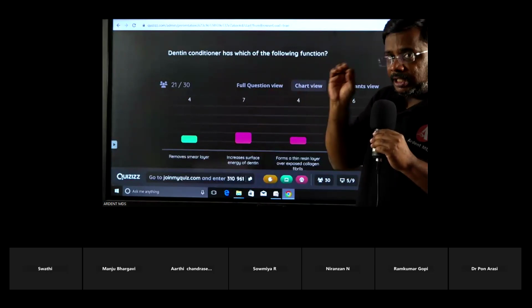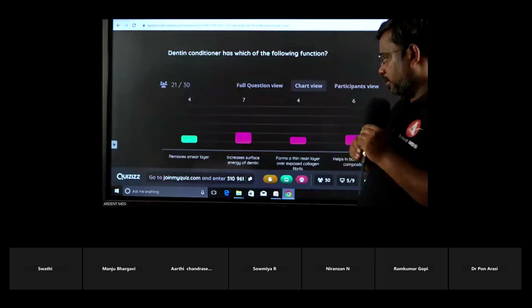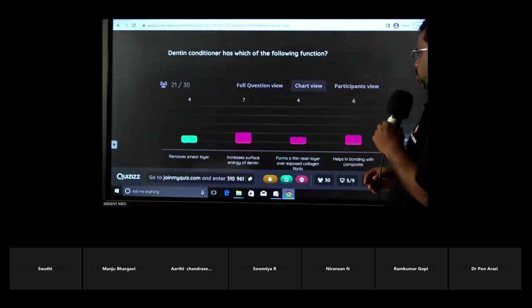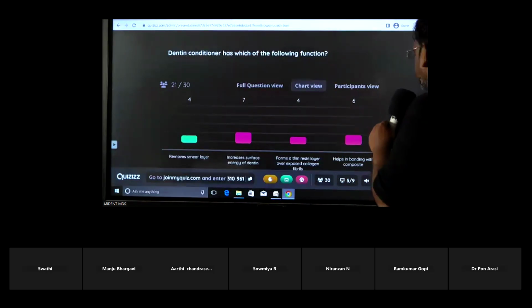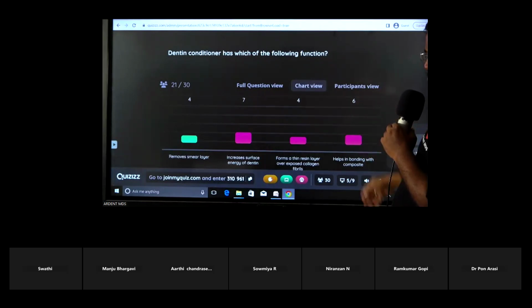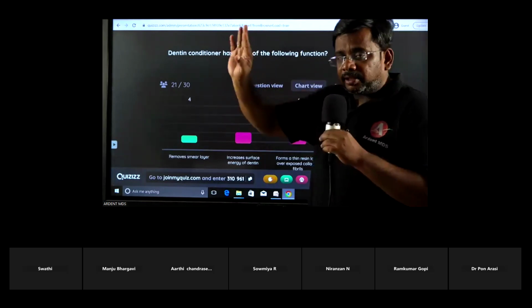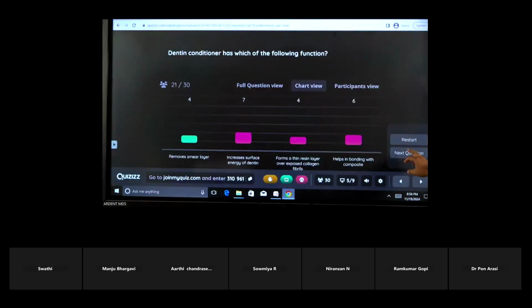Students, don't make silly mistakes. It decreases the surface energy. For enamel, the surface energy is increased. So all of this is a wrong statement. So the answer is smear layer. Helps in bonding with the composite? No. Actually, only the bonding agent helps for the bonding, not the conditioner. Okay, so the conditioner removes the smear layer. Shall I go to the next question?